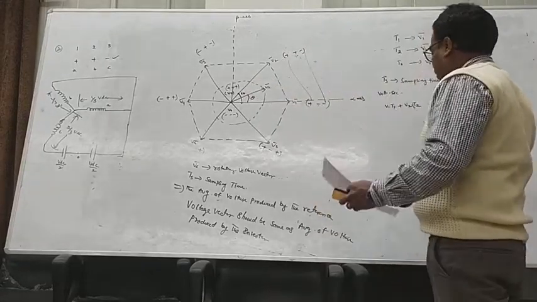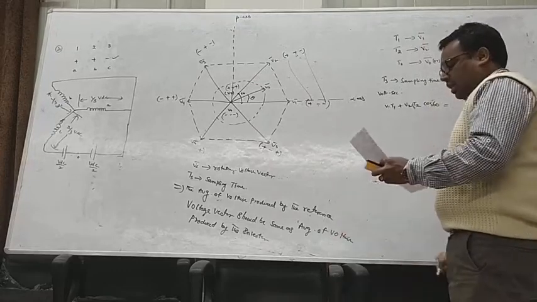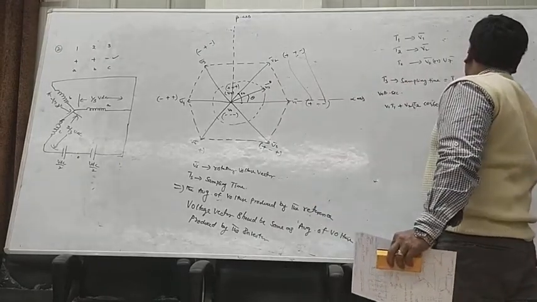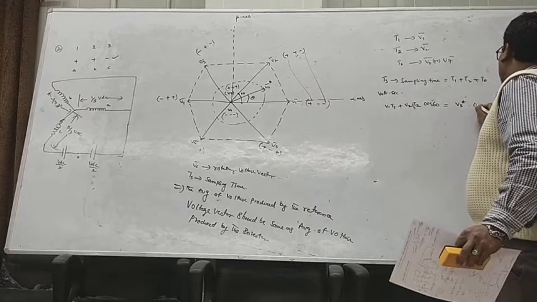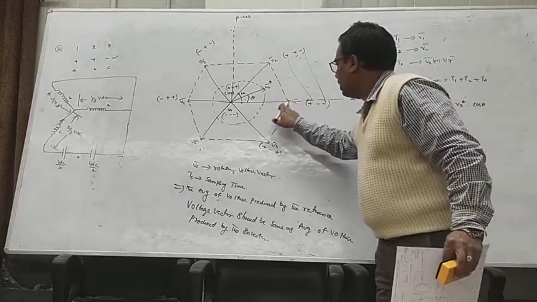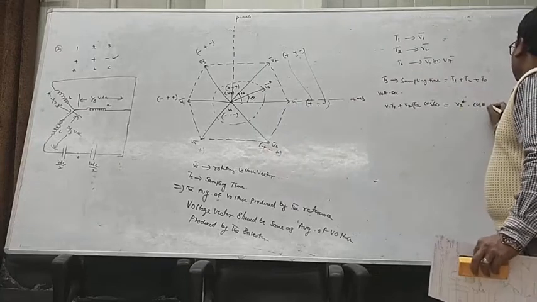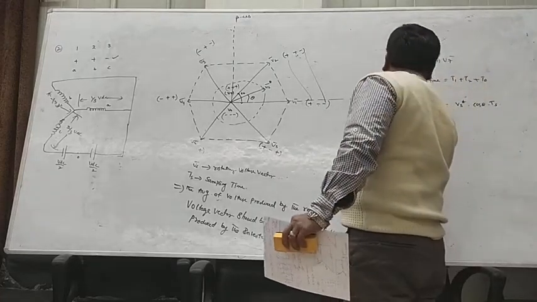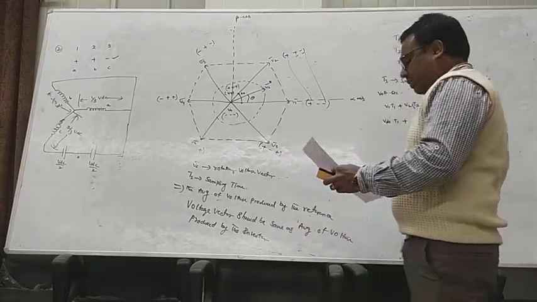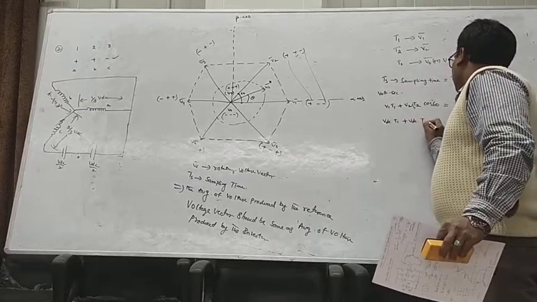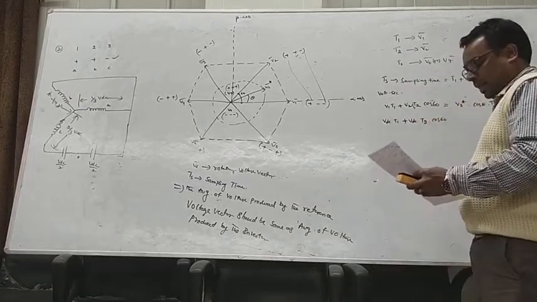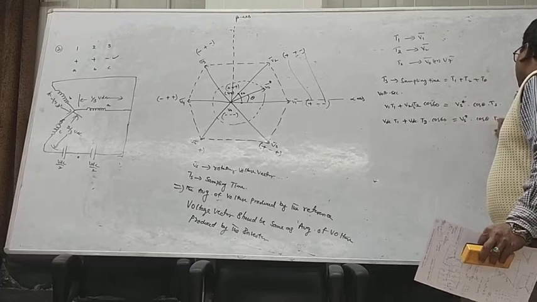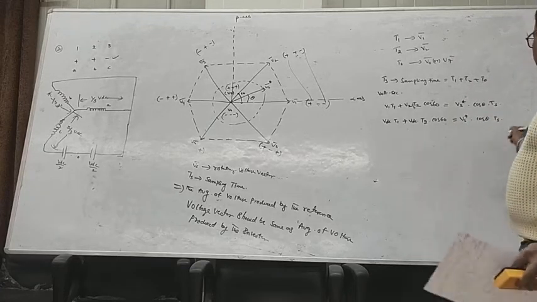So V2 into T2 into cos 60 is equal to the reference Vs star into cos theta into the sampling time Ts, because the angle from V1 is theta. Writing this down, V1 is VDC into T1 plus V2 also VDC into T2 into cos 60 equals Vs star into cos theta into Ts. This is equation 1.